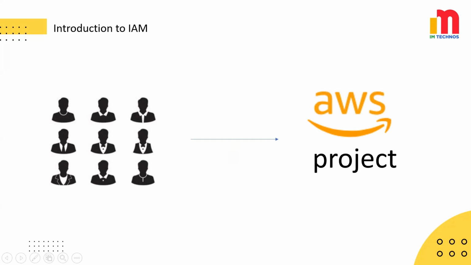In this context, it becomes essential that users are granted access solely to the services appropriate to their specific roles and responsibilities. This can be achieved by creating IAM users and assigning policies based on a specific requirement.